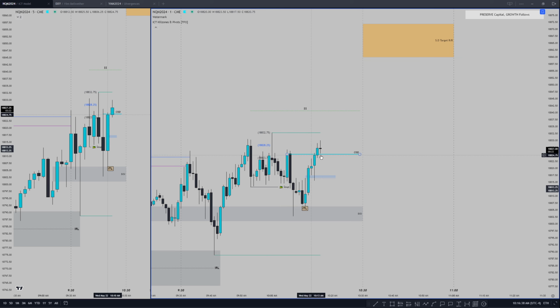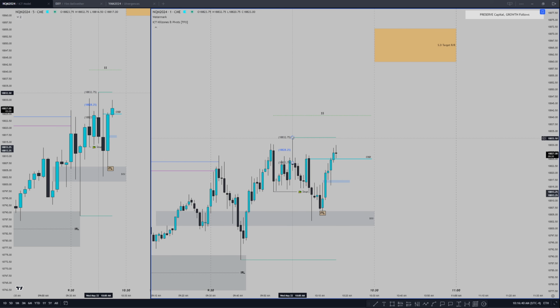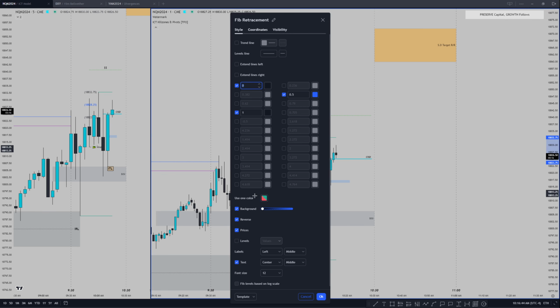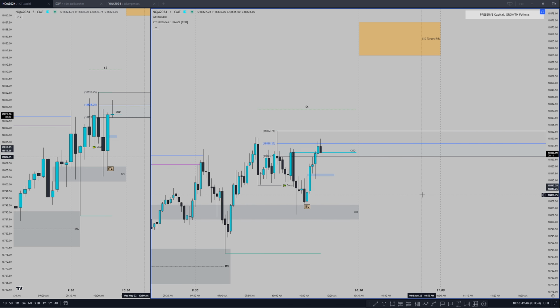Oh, there's your closure above the CISD. Obviously looking for AM high now. And for us to close through, I'm going to extend these to the right. We're just wicking it right now. Above 50%.